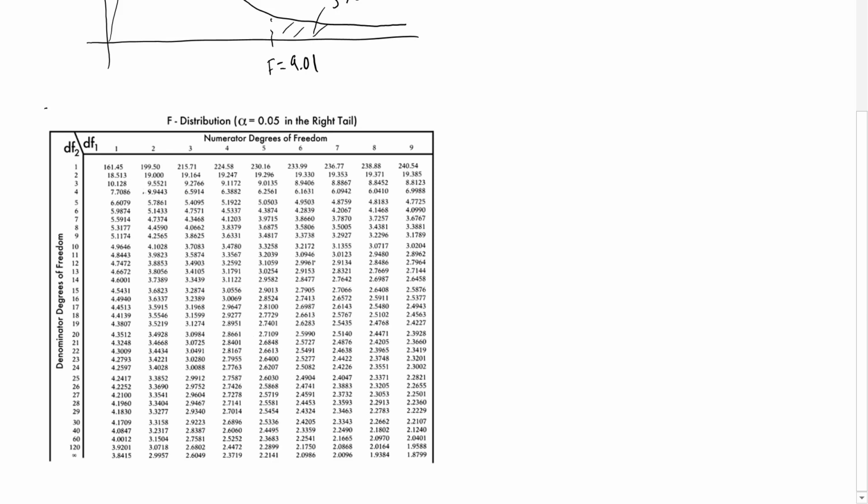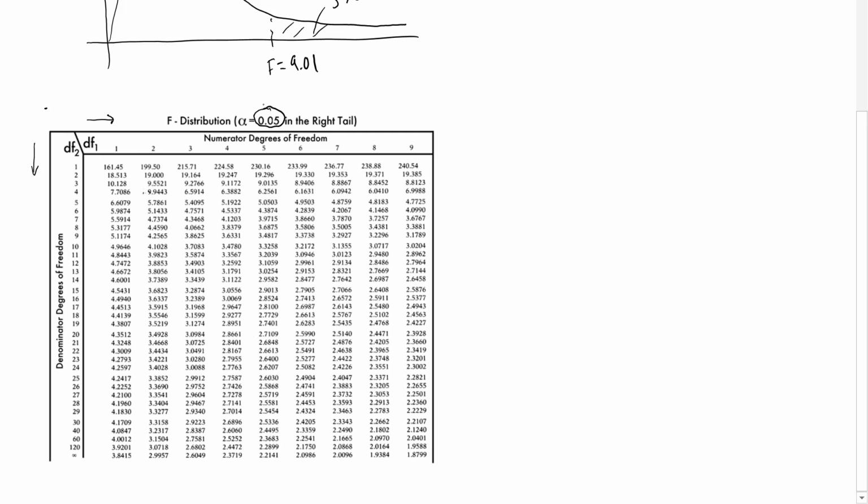Here is just an arbitrary F table, and the F table typically works in the following way. You have one of the degrees of freedom in that direction, and then you have the other degrees of freedom in that direction, leaving no room for different probabilities. So typically for the F table, you need an entire table for every possible tail.